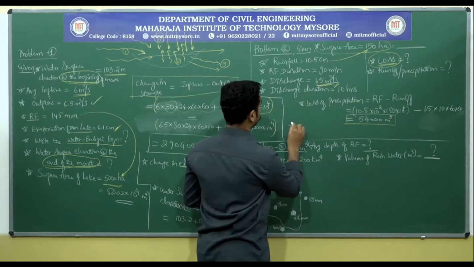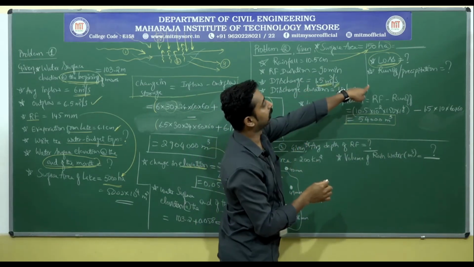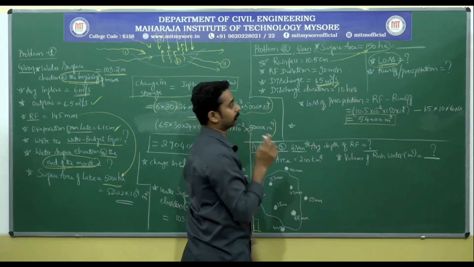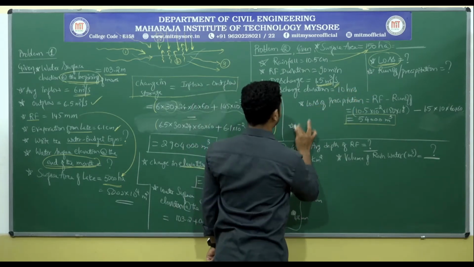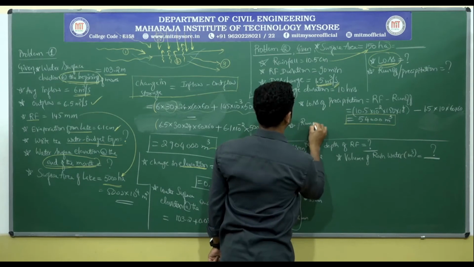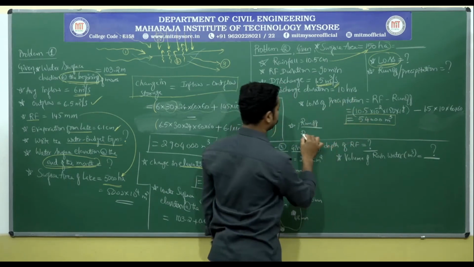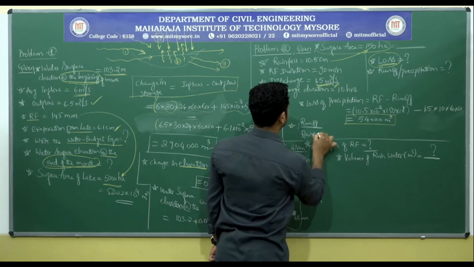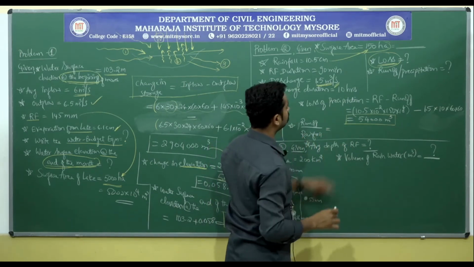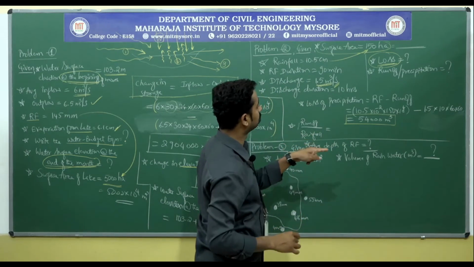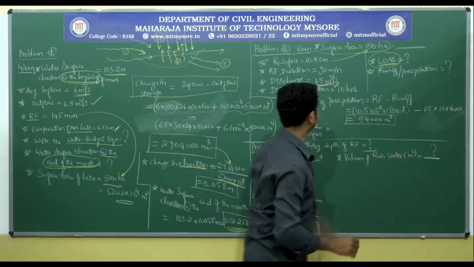One more thing to calculate: the runoff to precipitation ratio. So the ratio of runoff to precipitation, precipitation nothing but rainfall only. What is the runoff value?